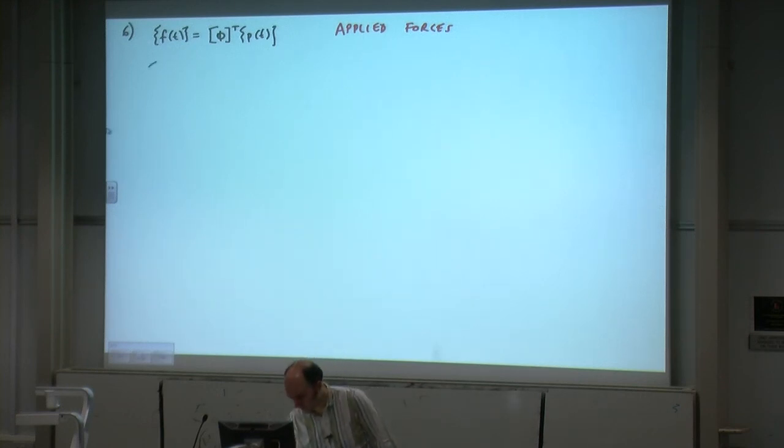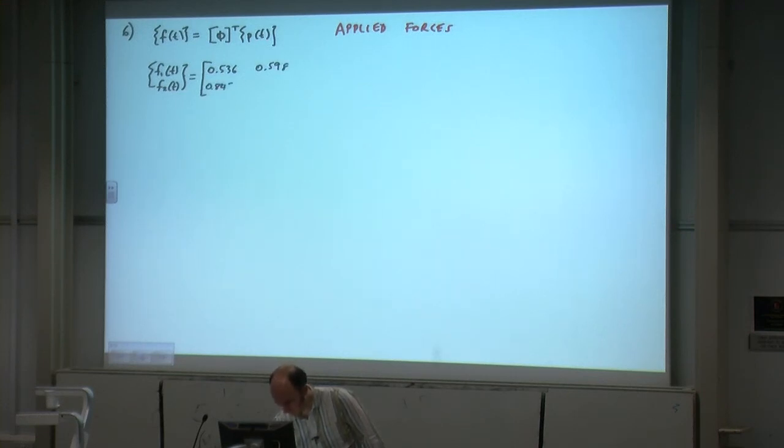And so we've got, I'll call this F1(t) and F2(t). We've got our transposed modal matrix, that's 0.536 here, 0.598 here, 0.845, minus 0.379. So that's our transposed modal matrix, and then we have F1, which is 5t, and 0.